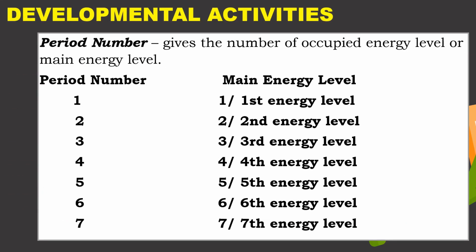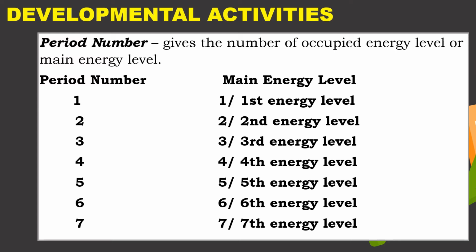Remember that the period number gives the number of occupied energy levels or the main energy level. So if we're referring to the period number, you're also referring to the occupied energy level or main energy level. Period 1 is the same as the first energy level.